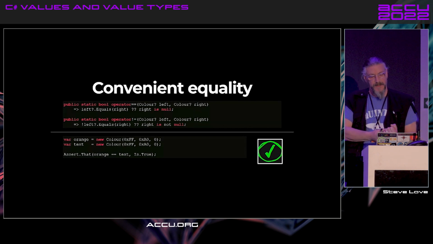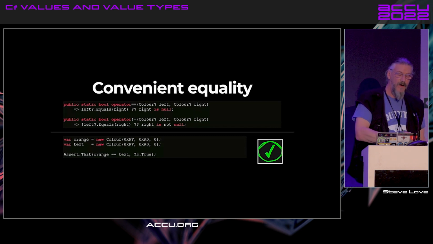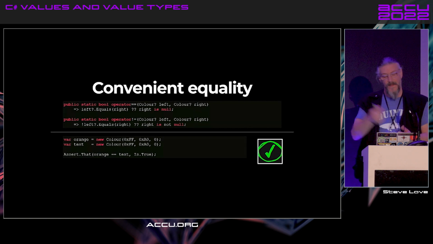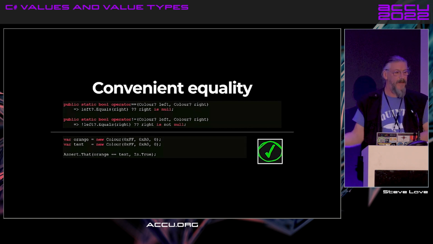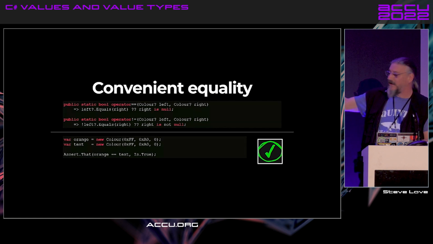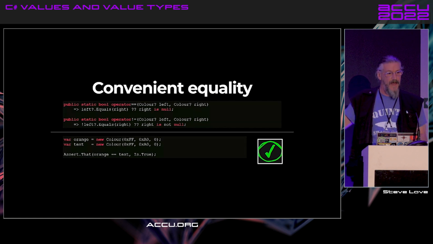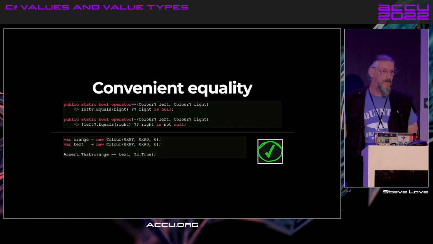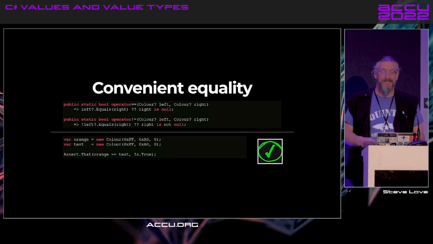So double question mark, basically, if the left hand of it evaluates to null, then the right hand becomes the result of the whole expression. So if left is null and right is null, they are equal, otherwise they're not equal. Any questions about that? Does that make at least some sort of sense? So that is slightly arcane syntax.